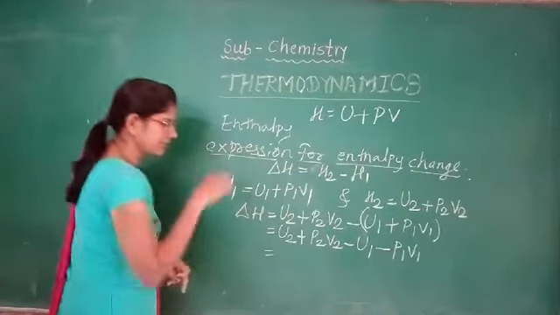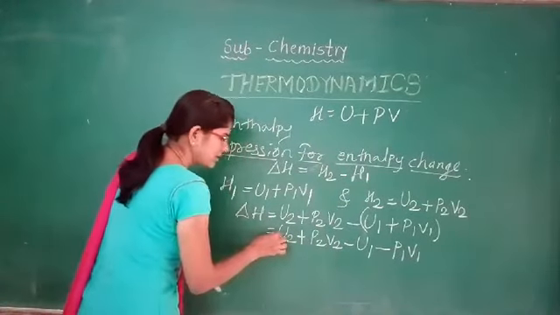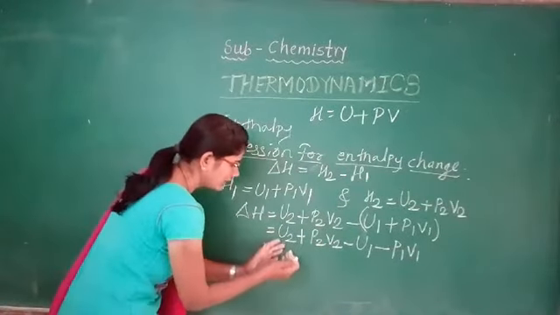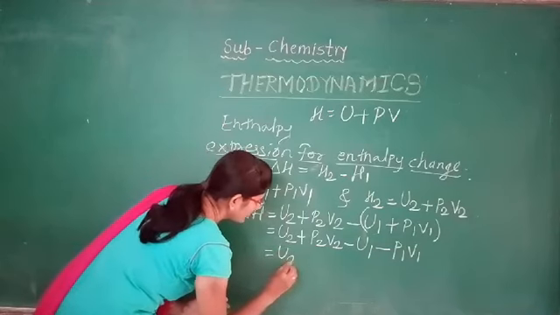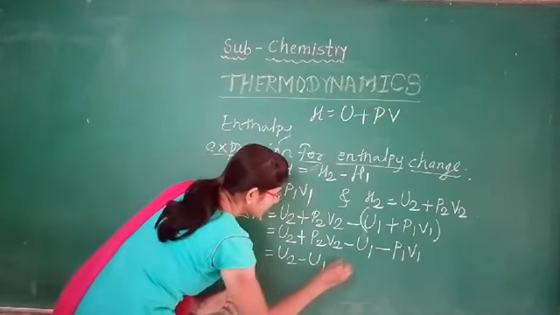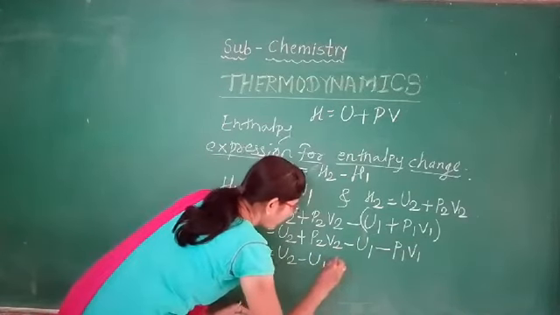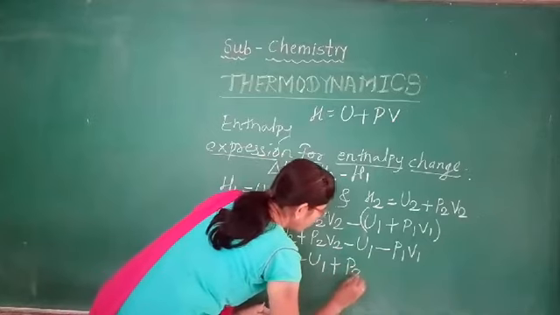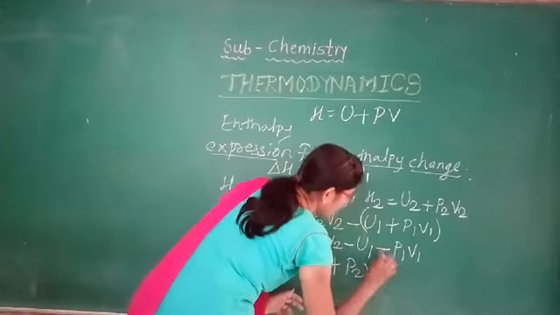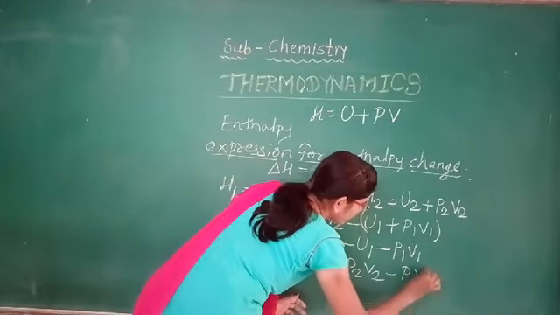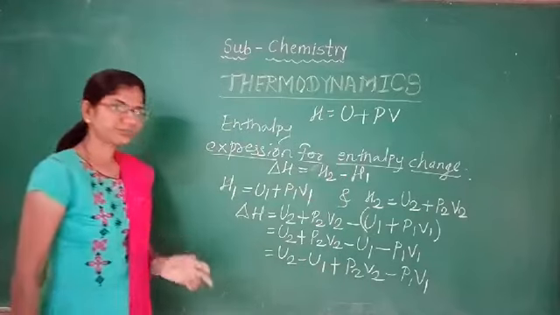Next we write the similar terms together, and therefore U2 minus U1 plus P2 V2 minus P1 V1.